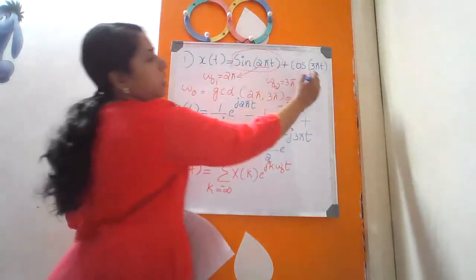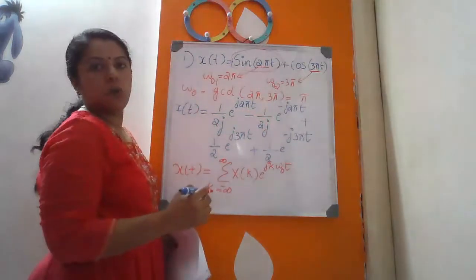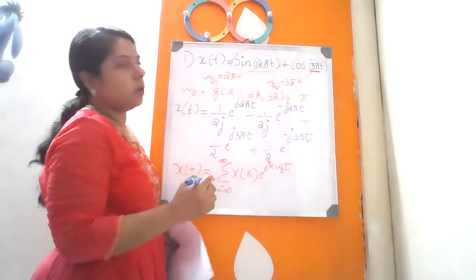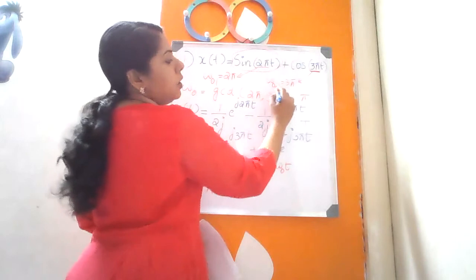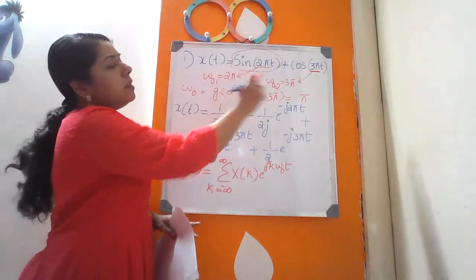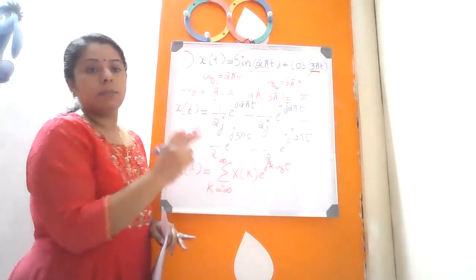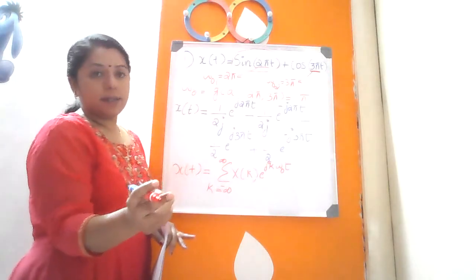Then find out the angular frequency of the second wave. This is in the form of cos omega naught t, that is omega naught 2 is equal to 3 pi. So these are the angular frequencies of the two parts, the cosine part as well as the sine part.